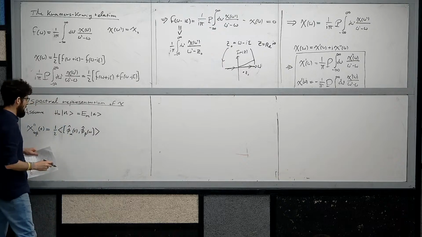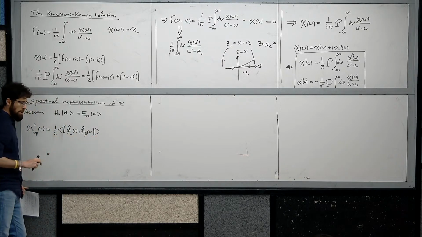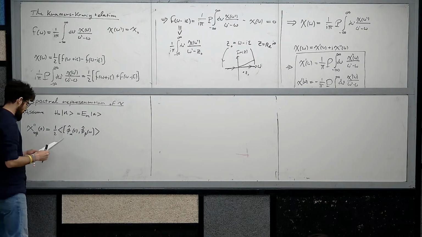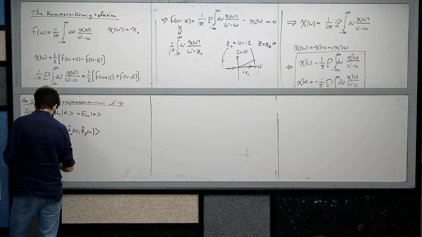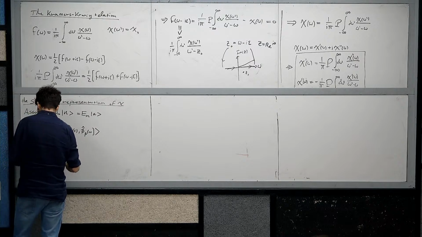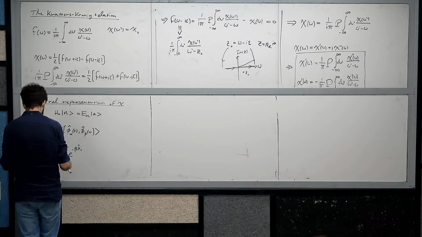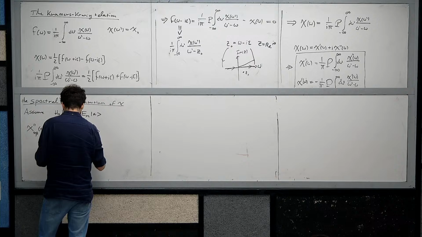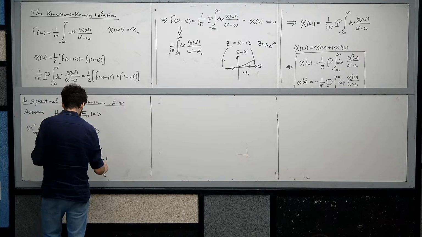And now let's assume that this expectation value here is an expectation value over a thermal state. So we're computing this in a thermal state. So we get 1 over Z, the trace of e to the minus beta H0, e to the i H0 t phi alpha.